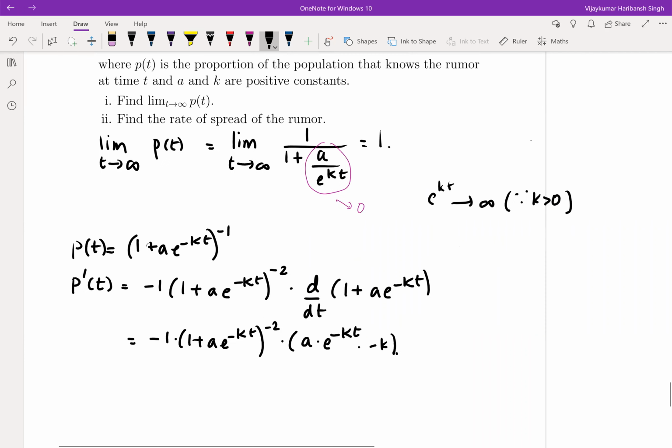So then the answer is k a e to the power minus kt over 1 plus a e to the power minus kt, the whole square. So this is your derivative.